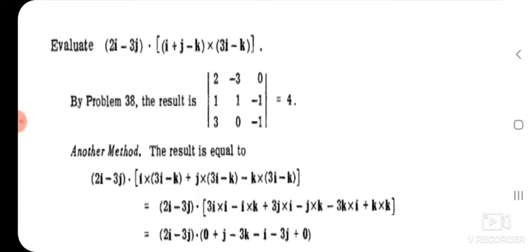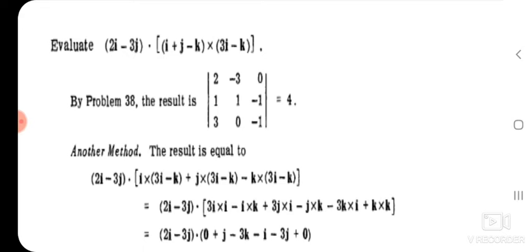First, we write the determinant: 2, minus 3, 0, the k component is 0 for vector A. In vector B, the x component is 1, the y component is plus 1, and the z component is minus 1. Similarly, for vector C, the i component is 3, the j component is 0, the k component is minus 1.